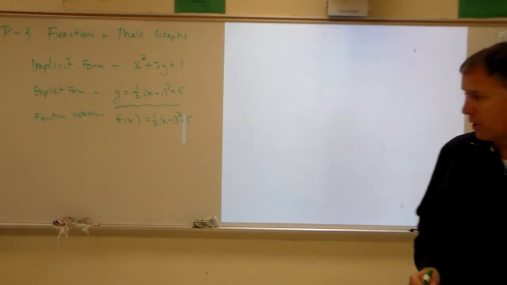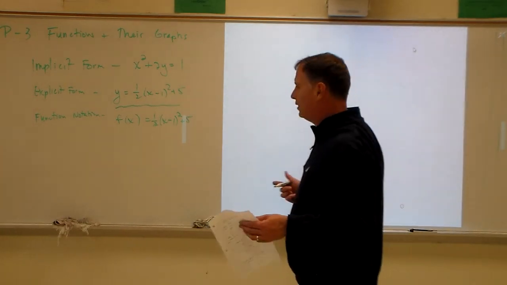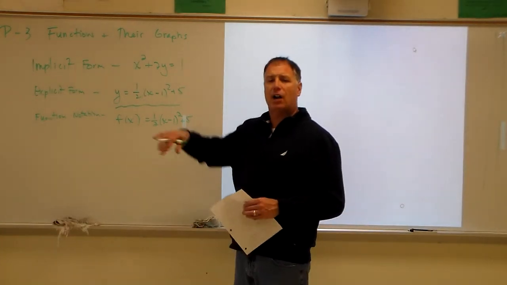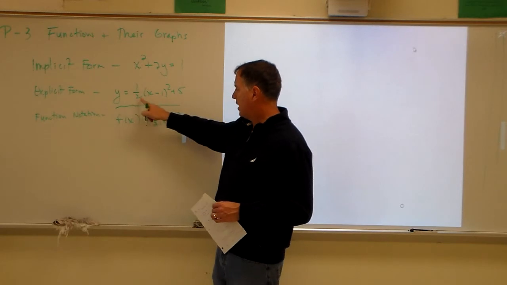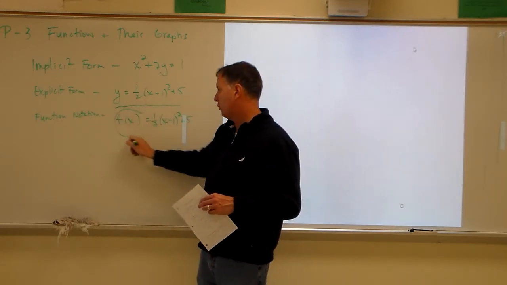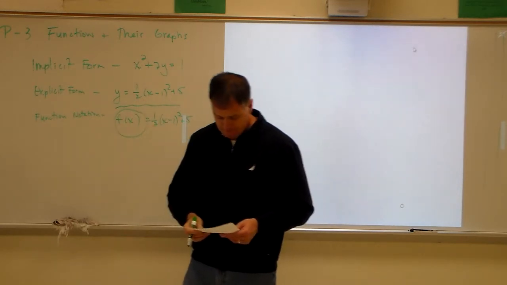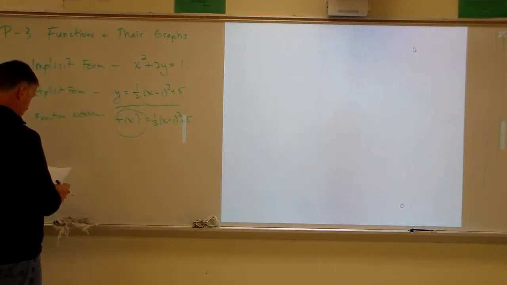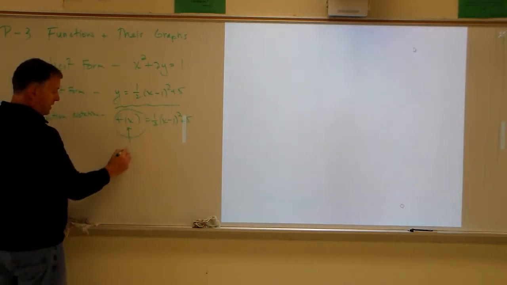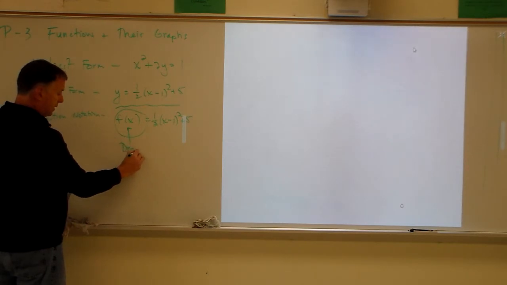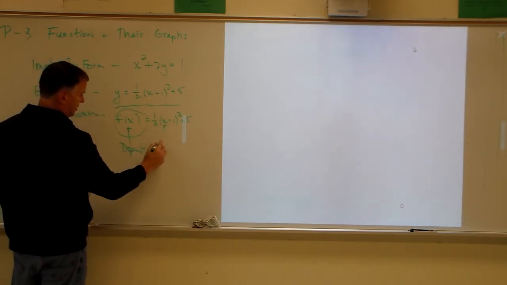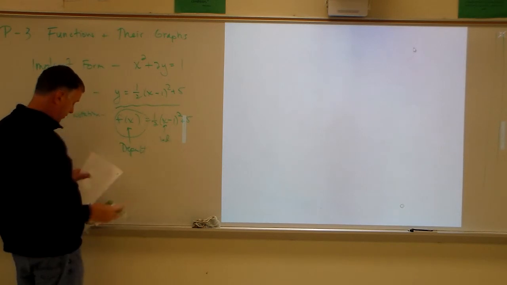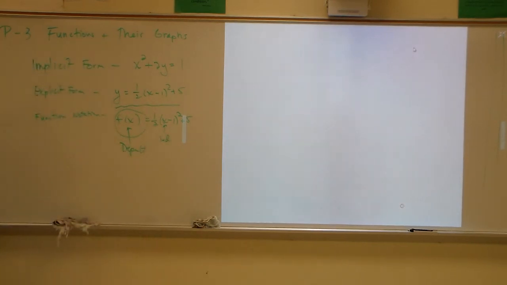So it's just a more sophisticated way of doing it. The higher up in math you go, the less you see it written like this, the more you see it with f of x. So this would be the dependent, and again, your x is still your independent.